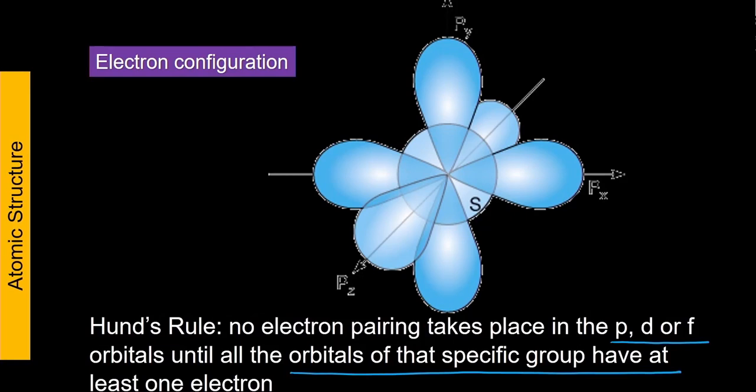So if we look at this picture, we cannot fill this orbital here until this other orbital has at least 1 electron in it. The same with the other p orbitals. We can't put 2 into this y p orbital unless we've got a single electron in the x and in the z p orbitals.